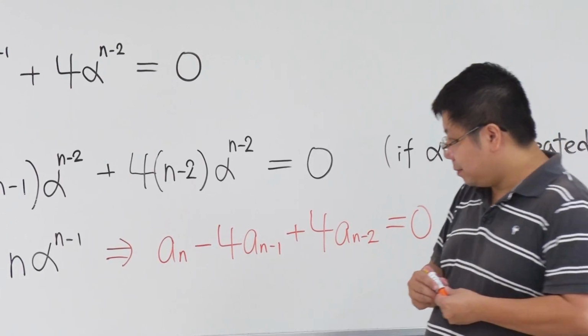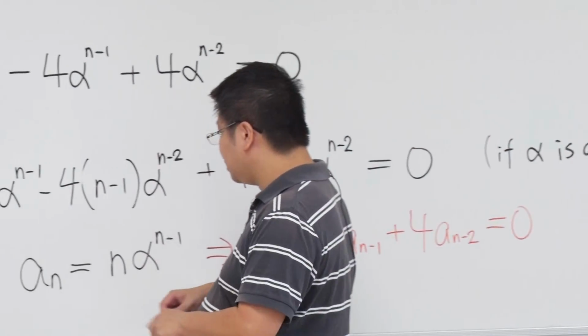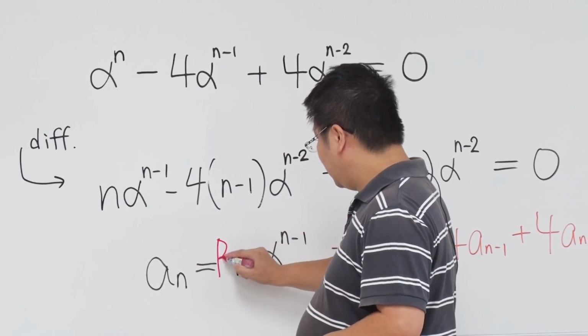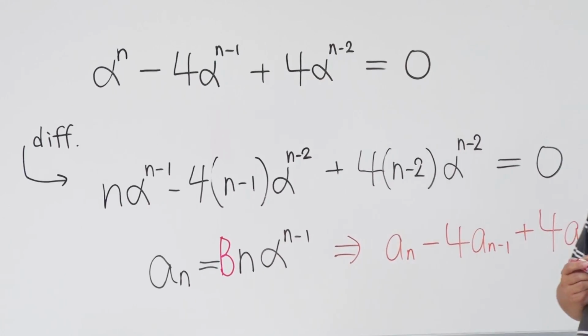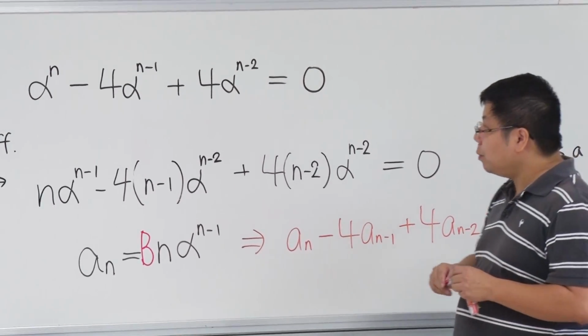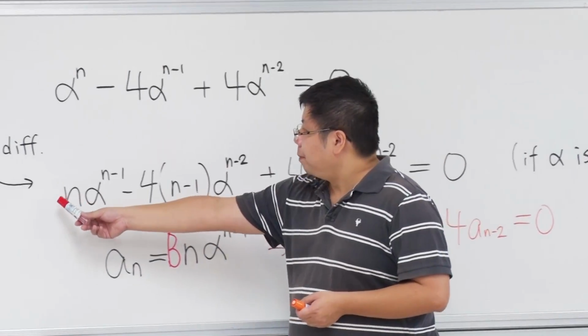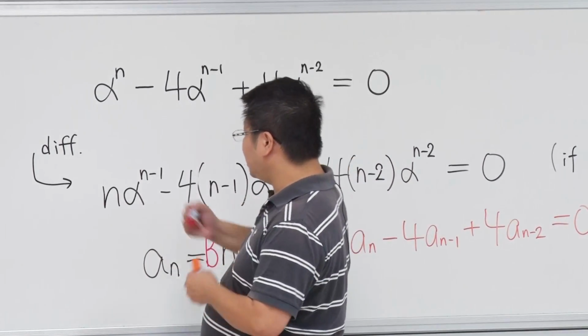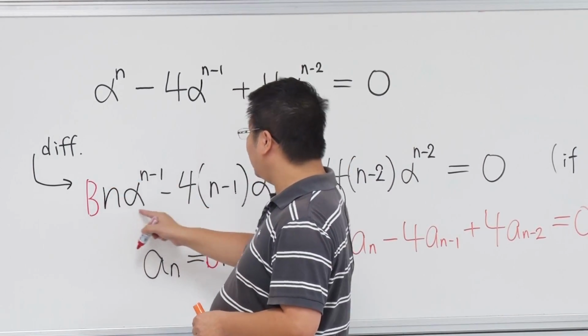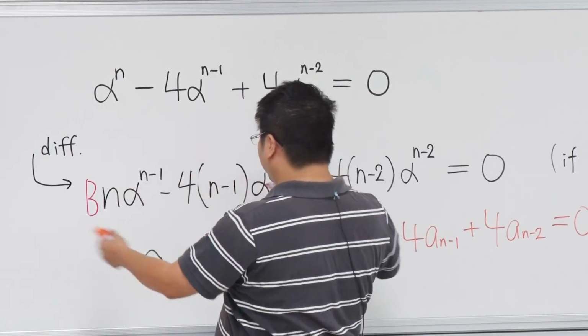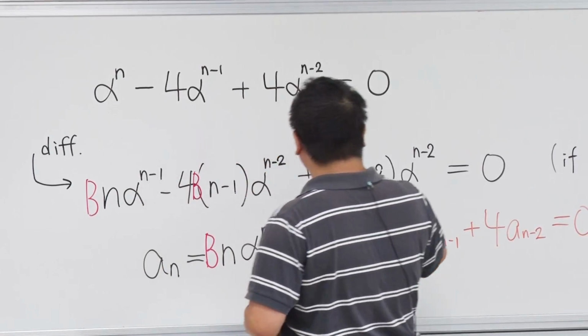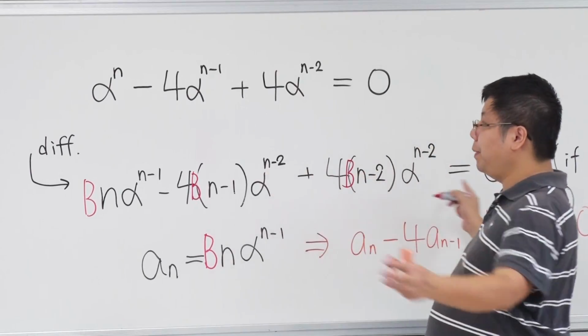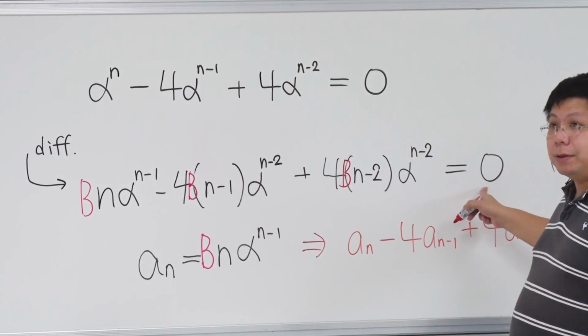And in fact, if I multiply this with some constant b, then we will still have the same. So I multiply everything by b. So we have 4b here and then 4b here. Then this will become 0, right?